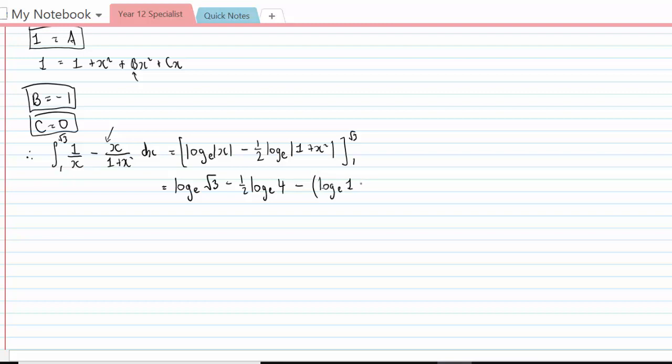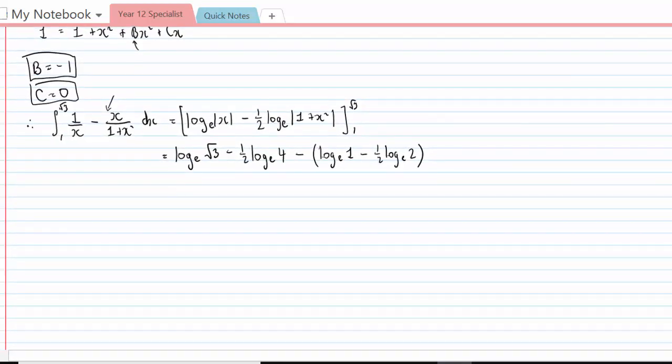And then minus half log e of 2. From here we just need to simplify. Now log e of 1 from the log law disappears, okay, because it's equal to 0. So we have log e of root 3.